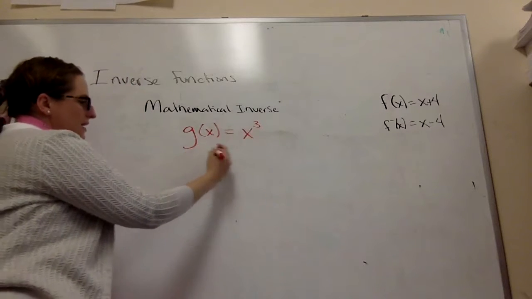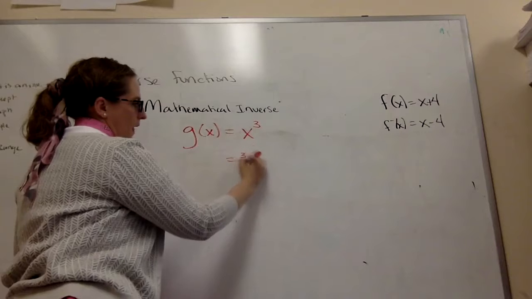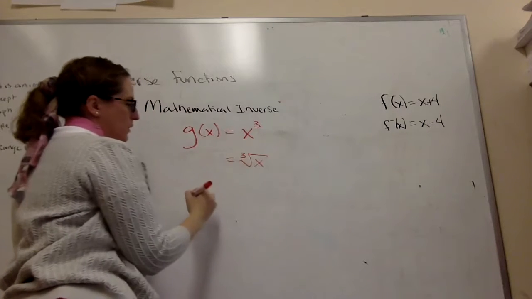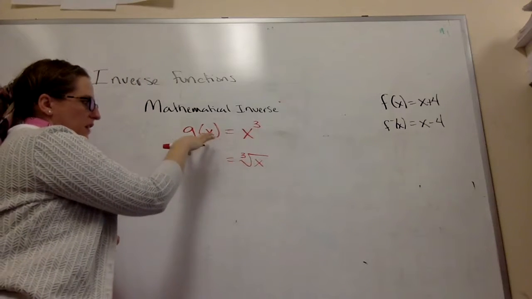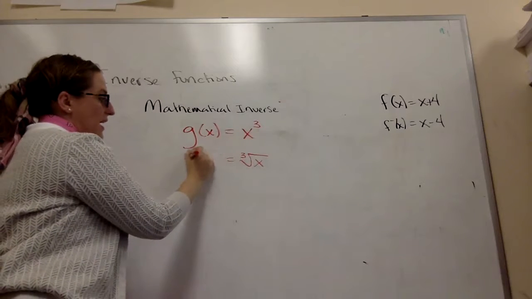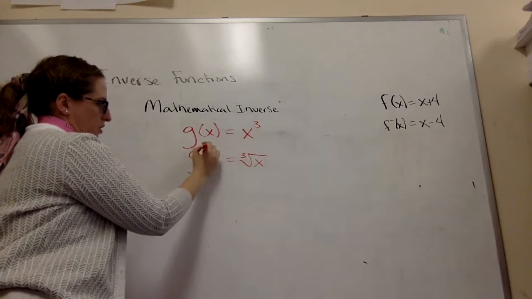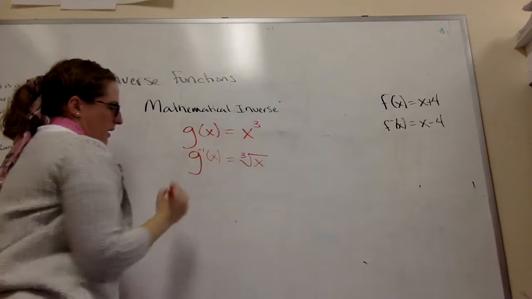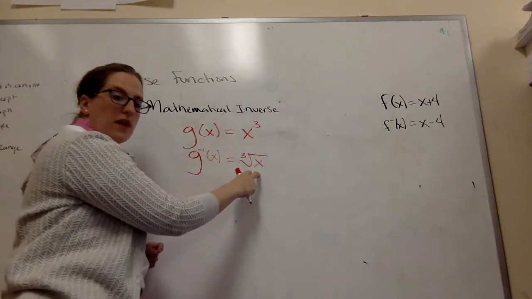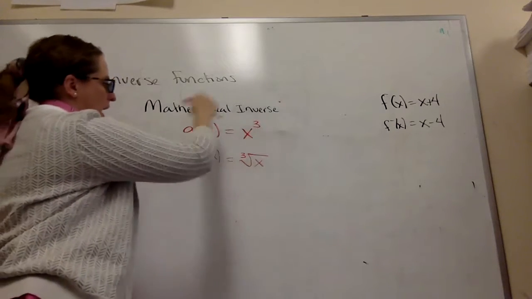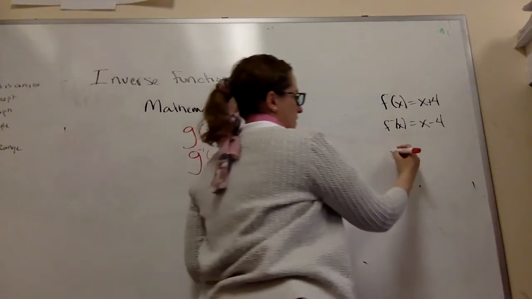What undoes cubing is the cube root. So if our starting function g of x is x cubed, our inverse function, which we're going to write as g to the -1 of x, is going to be the cube root of x. So here's another pair of inverse functions.